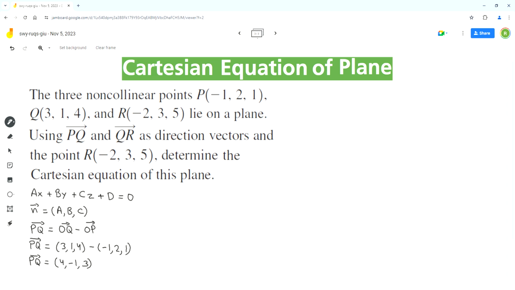Now we can find vector QR. We can break up this vector QR into position vectors for points Q and R. We can use point R for position vector OR, and point Q for position vector OQ.